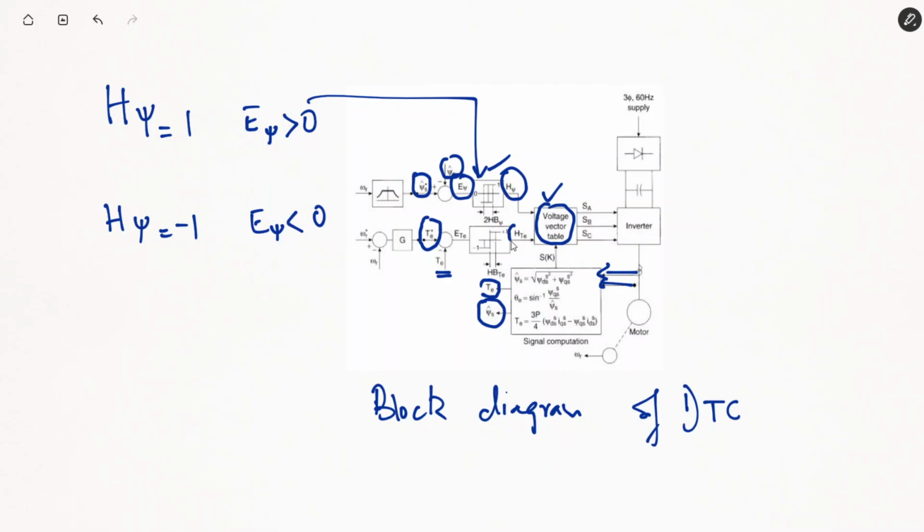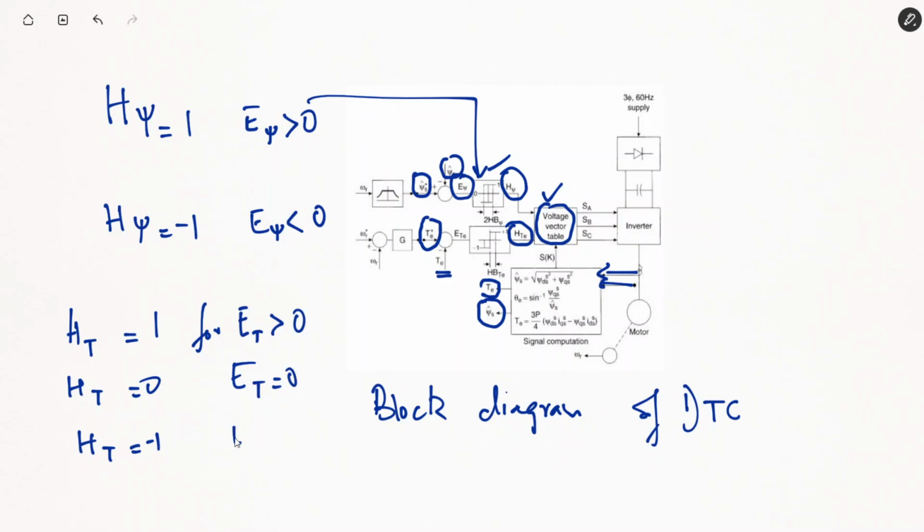While as far as this control parameter Ht is concerned, it will be either 1, 0, or -1 for et greater than 0, et equal to 0, and et less than 0. So using this hysteresis band, we can obtain the values of H psi and Ht.